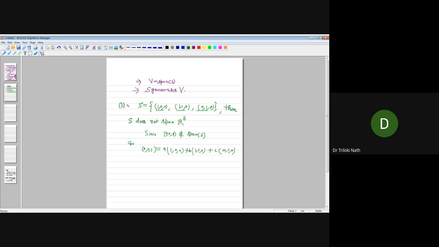That is, if it is possible, suppose (0, 0, 1) can be written as a linear combination of these three vectors, then you can find real numbers A, B, C such that this is equal to this. If you compare, what you will find? The last coordinate on the left side is 1, but on the right hand side the third coordinate is 0. So this is not possible, is it not? So you see, this is a contradiction.